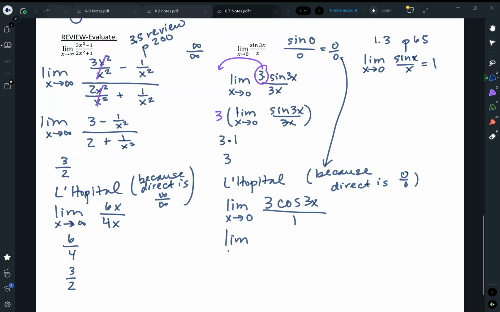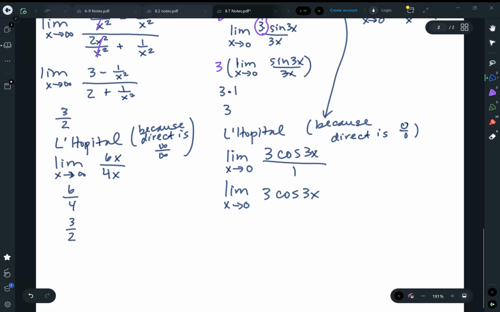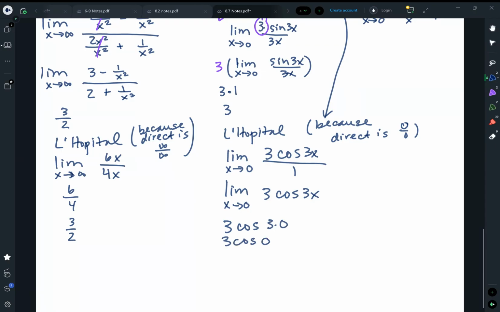Now let's directly substitute because we don't have a denominator anymore. So 3 times the cosine of 3 times 0 is just cosine 0. The sine of 0 is 0, but the cosine of 0 is 1. So 3 times 1 is just equal to 3.